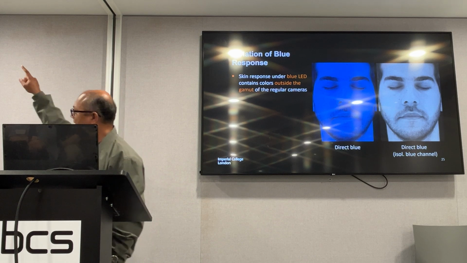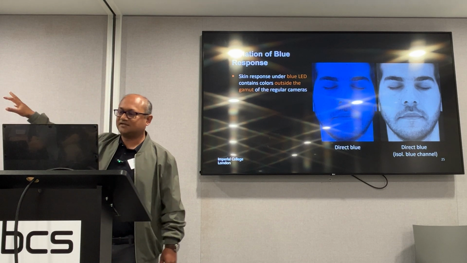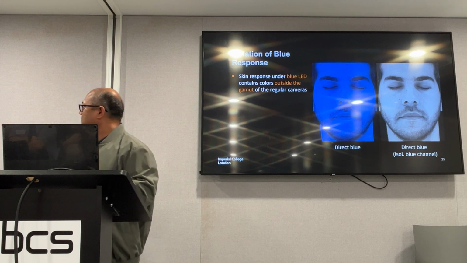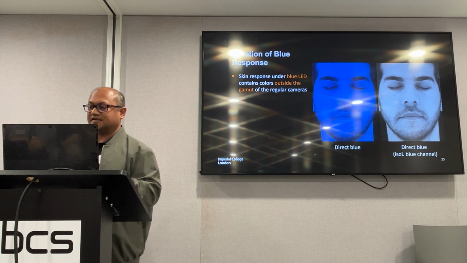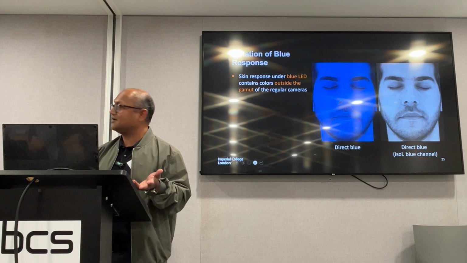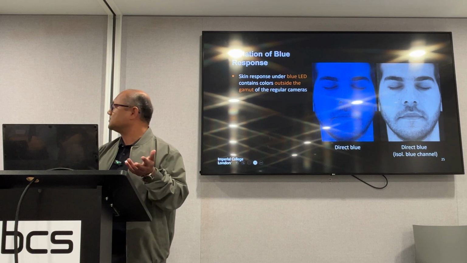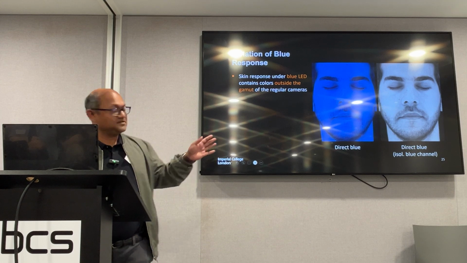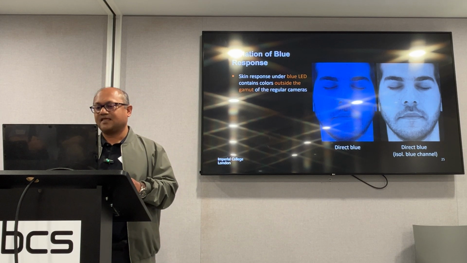So here is a direct measurement with blue light. And if you isolate the blue channel on the color camera, you will notice that that's the details you're getting. You are seeing the melanin texture that you were hoping to see, but you might notice even on these screens that it's slightly blurry.